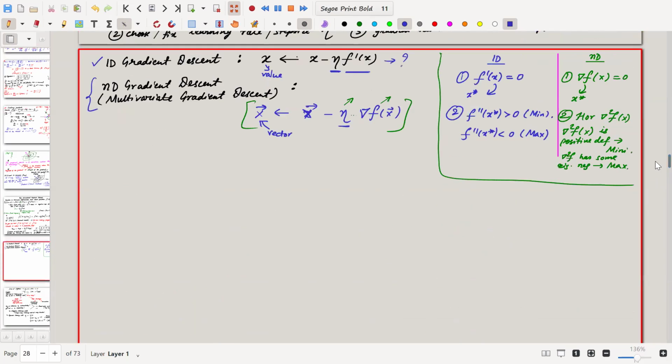So this is what it is. In the Python Colab notebook, one more case. Consider this two-dimension function.